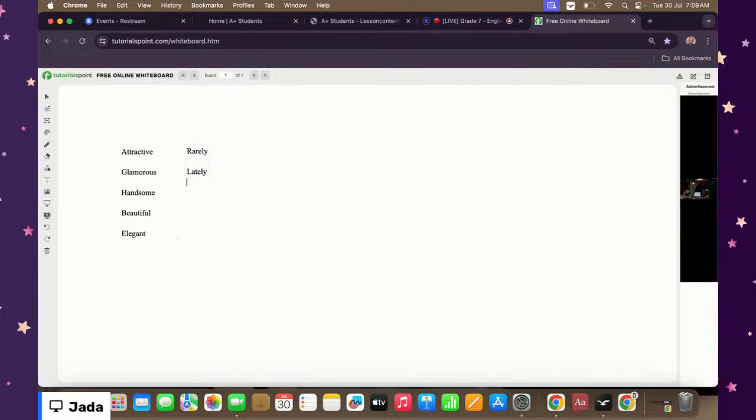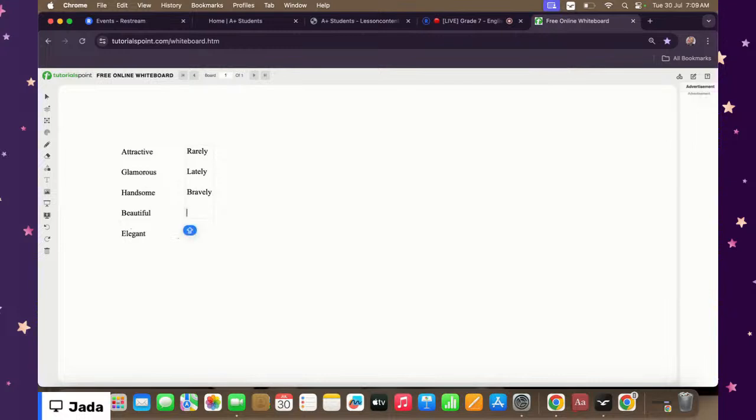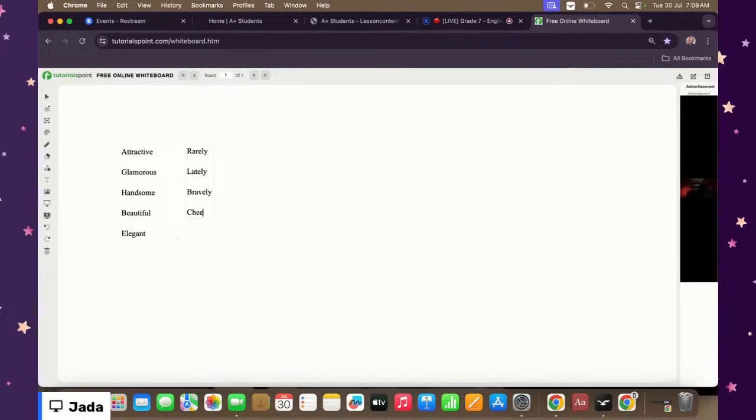Most times the adverb ends with ly. Bravely. And then two more. Cheerfully. We could say cheerfully. And the last one, previously. Very common.